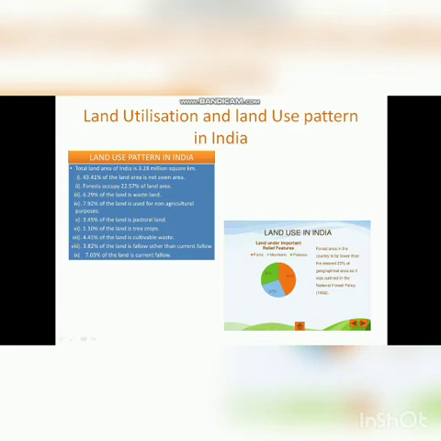And when a fallow land is kept to regain its fertility naturally, kept aside without any cultivation or any other use for more than 1 to 5 agricultural years, then it is called a fallow land. So you can see the land in India is used for different purposes, and this is called the land use pattern. Hope you have understood what is land use.